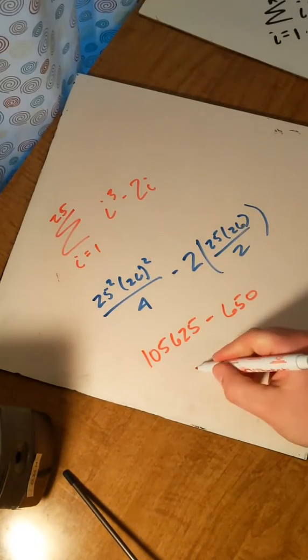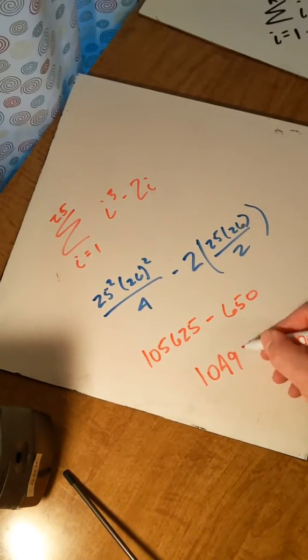Just type that in without a comma on Canvas, because a comma acts like a decimal point. So don't put 104 comma 975. Just put it just like that, like a combination code or something.